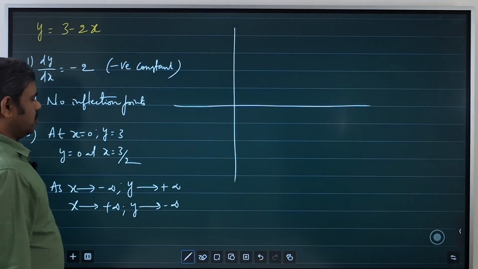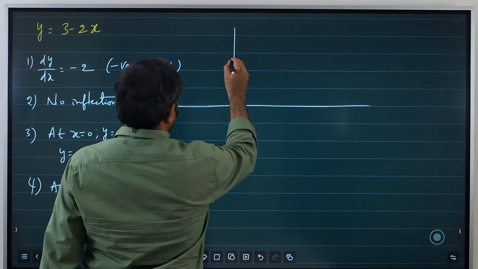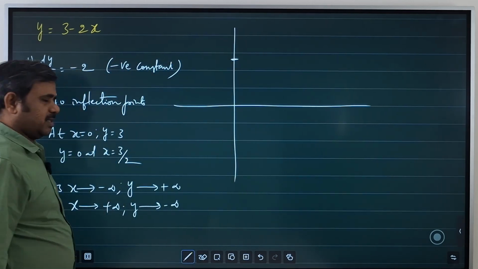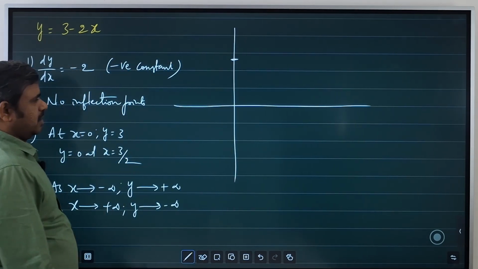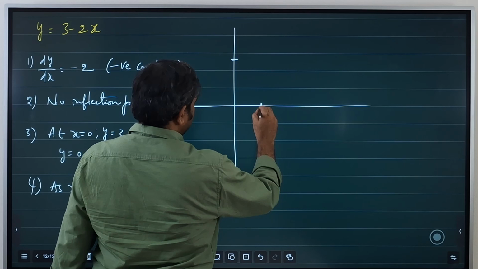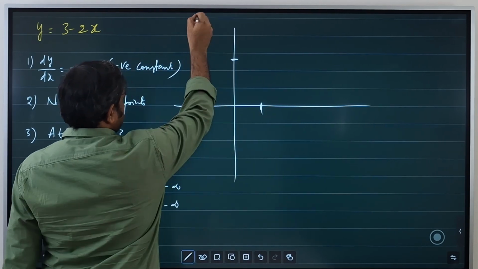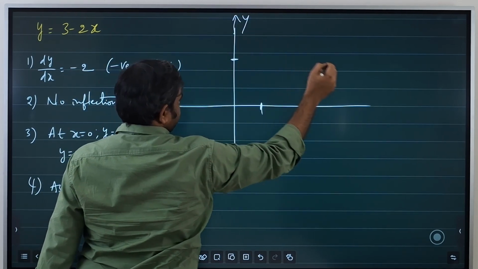The graph passes through 2 points on the y-axis and x-axis, (0, 3) and (3/2, 0). These are the 2 points through which the graph passes.